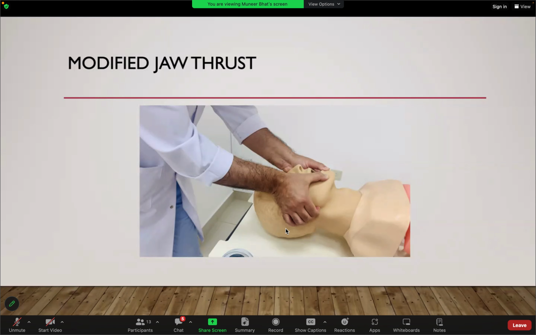So this is known as the modified jaw thrust, where simultaneously you are lifting the jaw up and forward, and at the same time you are trying to open the mouth.